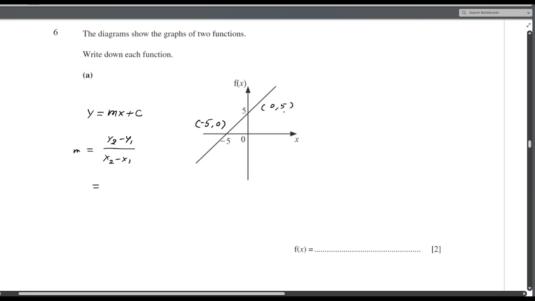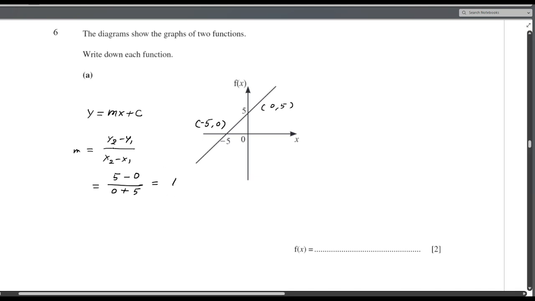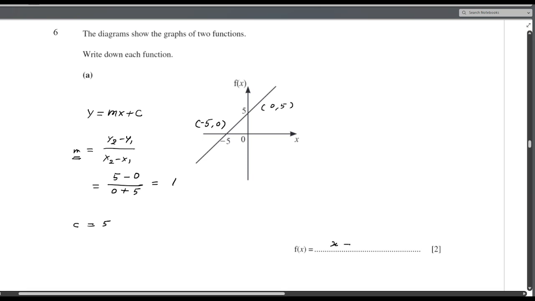First I'll write the x coordinate and then the y coordinate. So y2 minus y1 is 5 minus 0 divided by 0 minus of minus 5, so it will become plus 5, and the answer is 5 upon 5, which is 1. So the value of m I know, and the value of c is nothing but the y-intercept, which is 5 in this case. So your f(x) will be 1x, which is x plus 5. So 2 marks: 1 mark to calculate m, and 1 mark to calculate c.